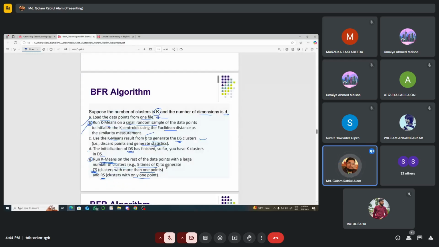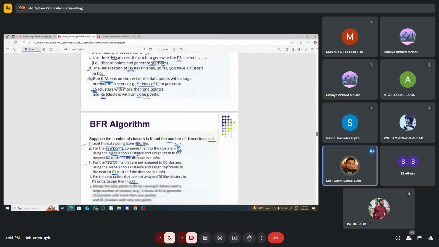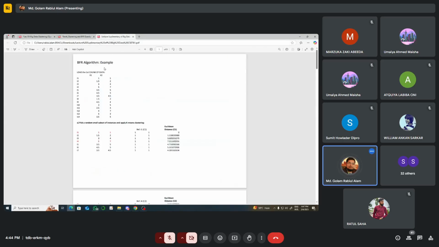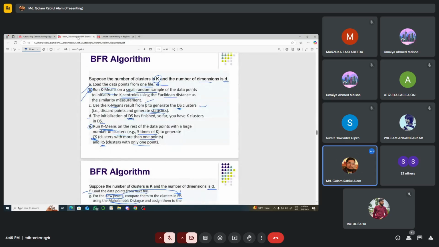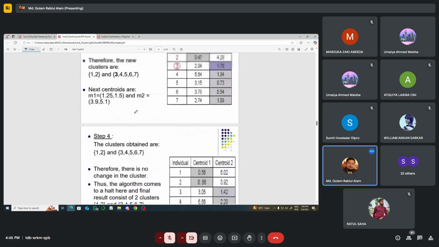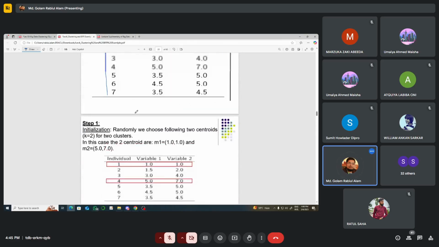Okay. Now maybe we can see some of the steps in our algorithm, in our example. Let's say the same example I discussed in our last class for the basic k-means clustering.